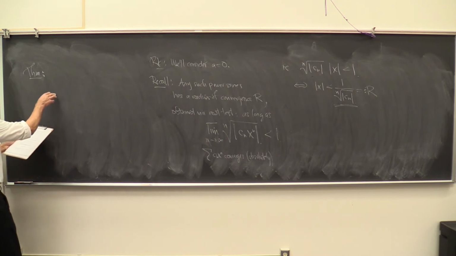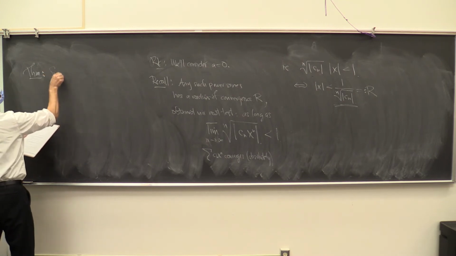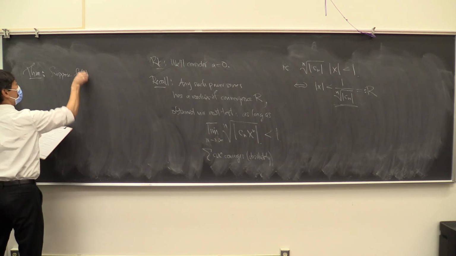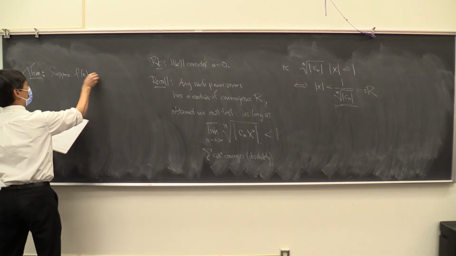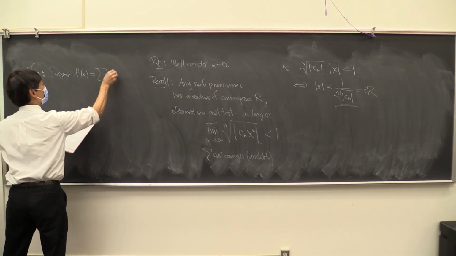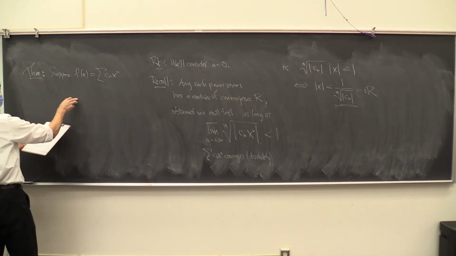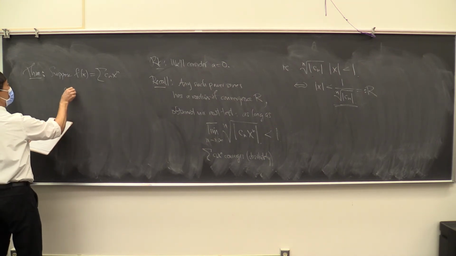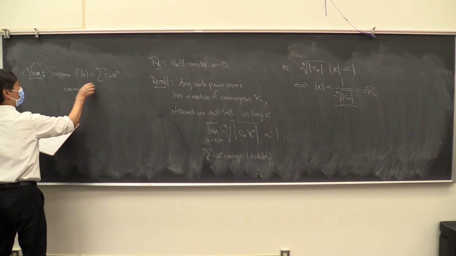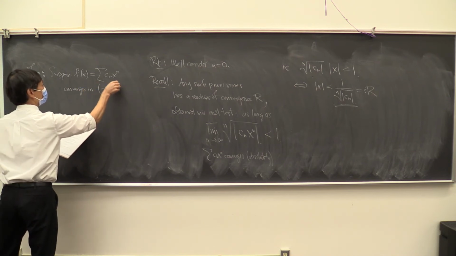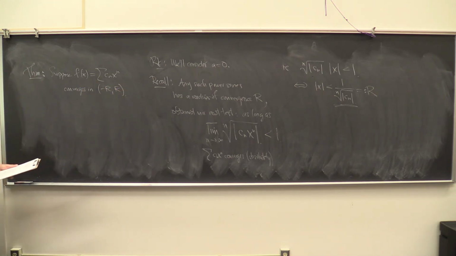Okay, so here's the theorem. Suppose your function has a power series expansion, and it converges in some interval negative r to r. That's its radius of convergence.